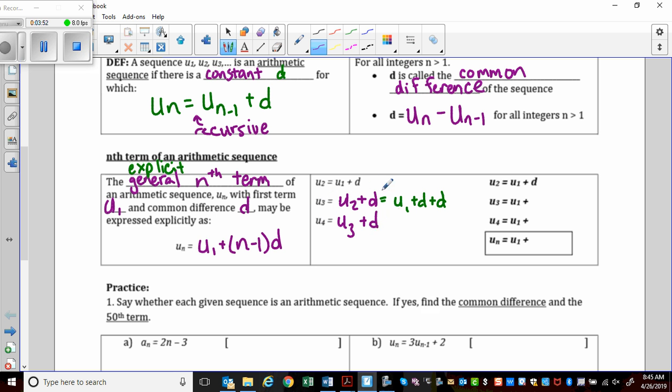Or we can rewrite this as U sub 1 plus 2D plus D, and it would keep going. U sub 3 is U sub 1 plus 2D, so this is D plus D, which is 2D. And then 2D plus D is 3D. So the fourth one is 4 minus 1, right? So it will be U sub 1 plus n minus 1 times the difference. That's how we get this formula.